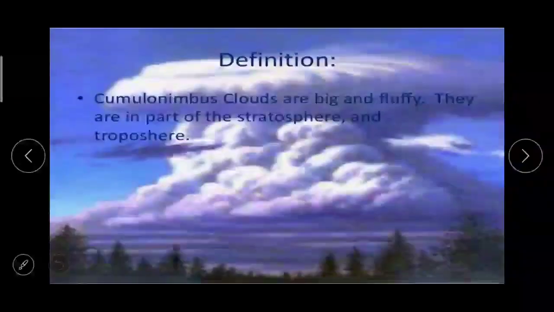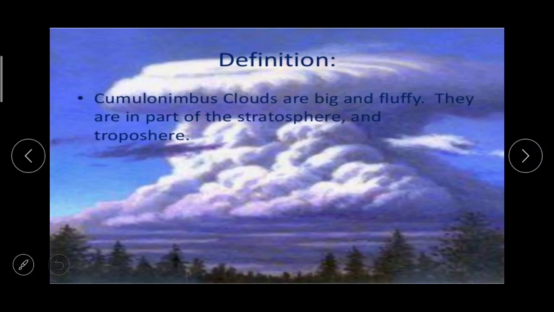Next one, cumulonimbus. These are characteristic clouds which are indicators of thunderstorm, which are big and fluffy. They are in part of the stratosphere and troposphere. These look like huge mountains. These are dense and dark in color.